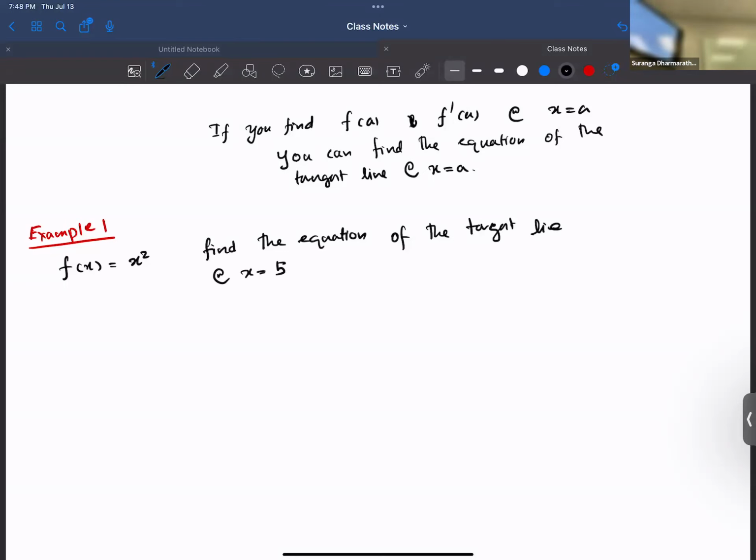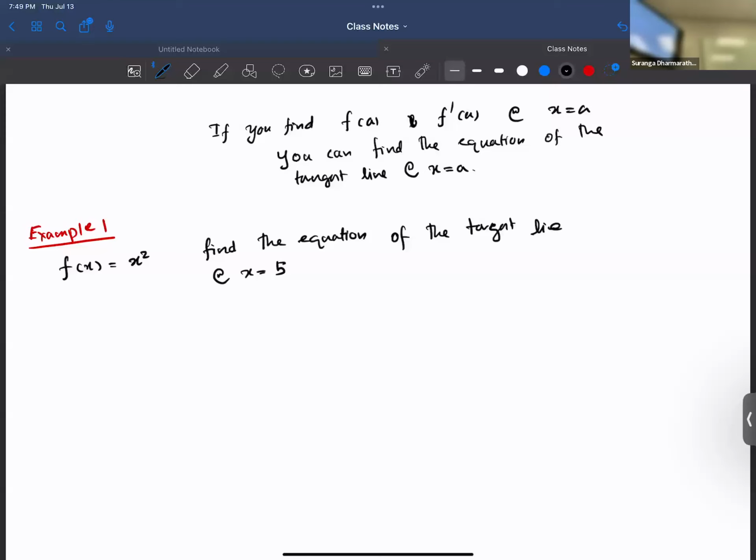So how do you find? So what do you need to know? F of a and f prime a. So how do I find f prime a? What is the definition of f prime a? Limit h goes to 0, f of a plus h minus f of a divided by h.